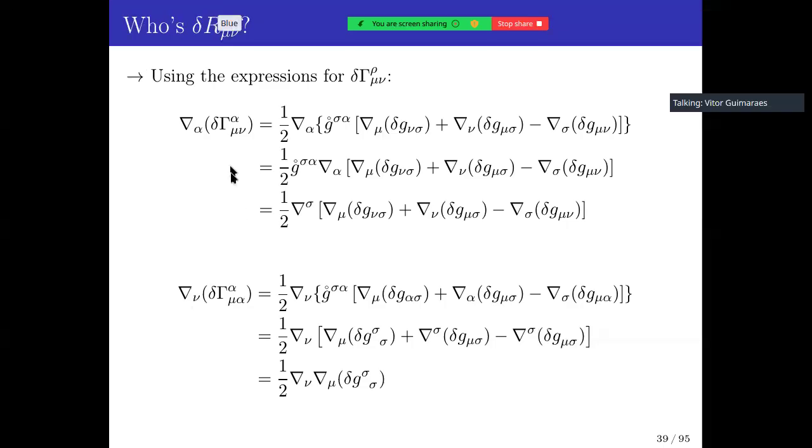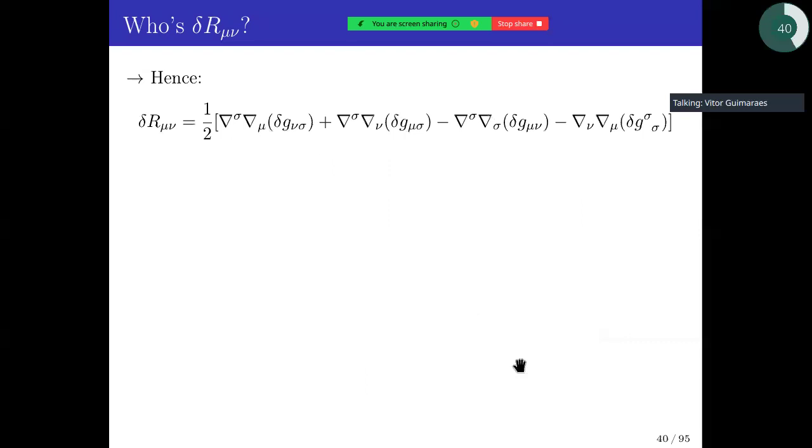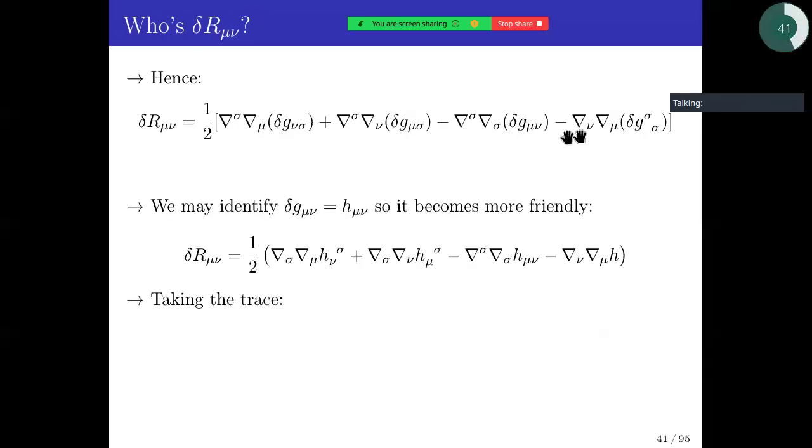All right, putting these two together so that we can get this back, we get this, okay? If you remember what we did in Minkowski spacetime, it is very similar, right? We obtained second covariant derivatives with respect to the perturbations, right? And now finally, we identify the delta g mu nu with the perturbation that we used in Minkowski spacetime, right?